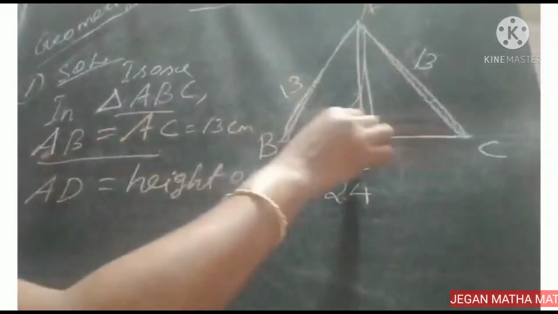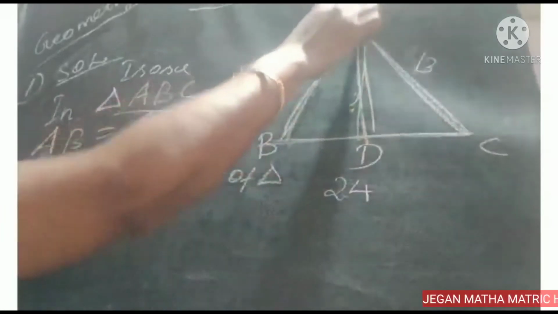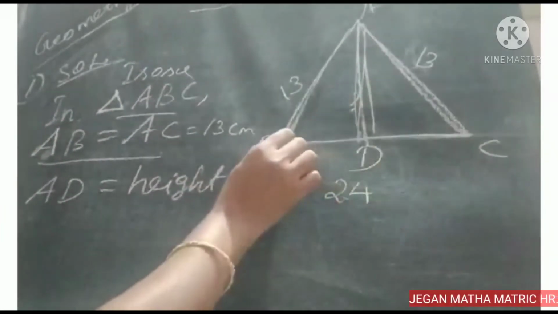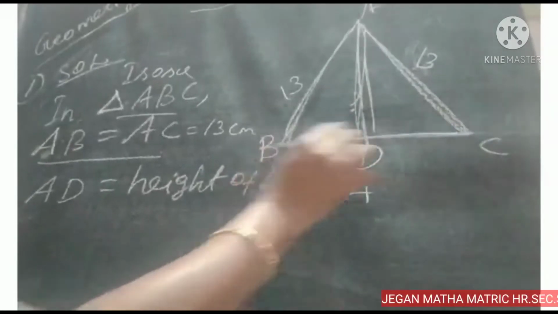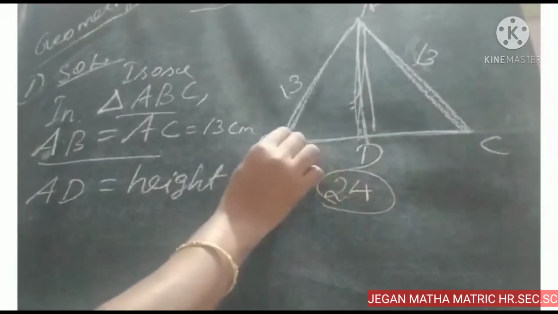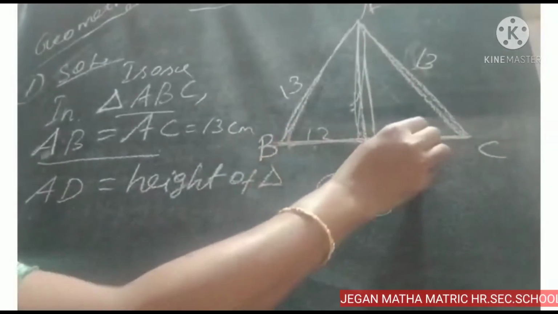This AD, that is the height, divides the base into two equal parts. The base is BC, total 24 centimeter. So half of this 24 is 12, here also 12.